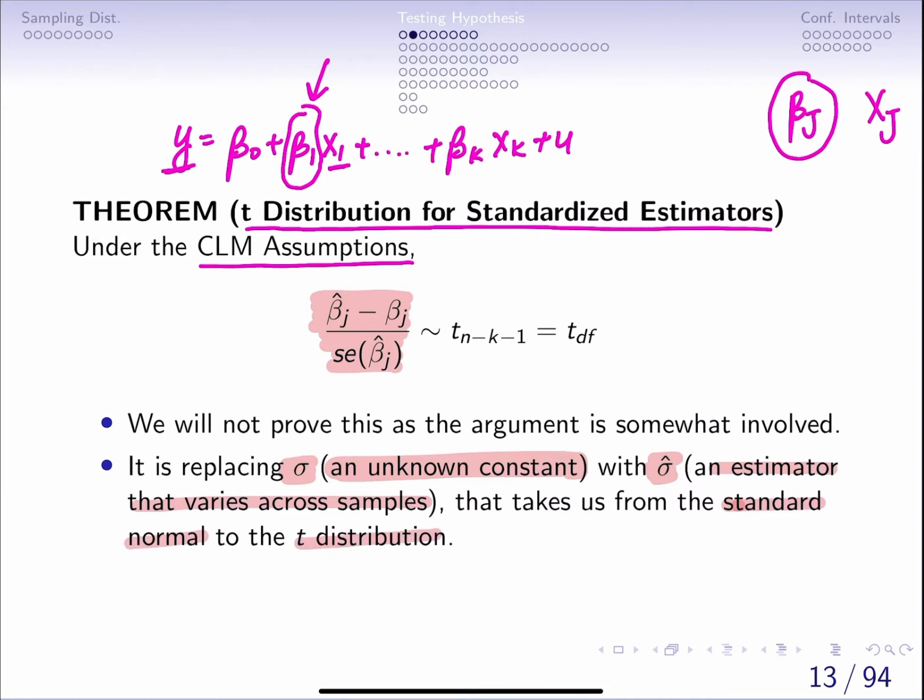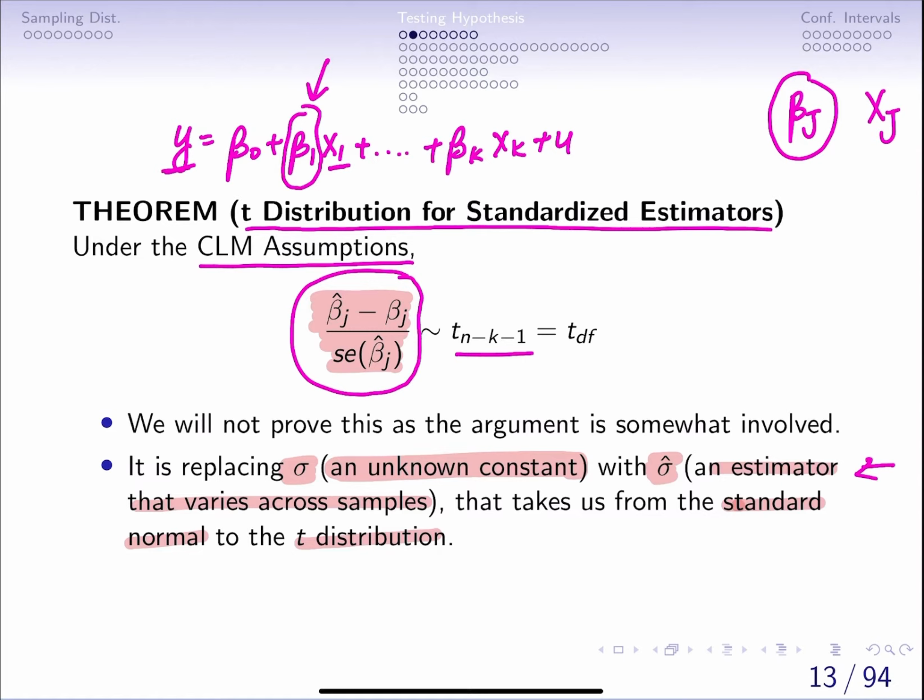So we're going to say that under the classical linear model assumptions, the first 6 assumptions, this standard normal random variable follows a t distribution after we made that replacement. And this t distribution has n minus k minus 1 degrees of freedom.